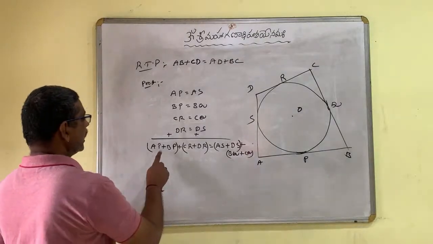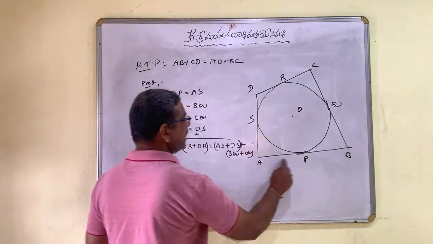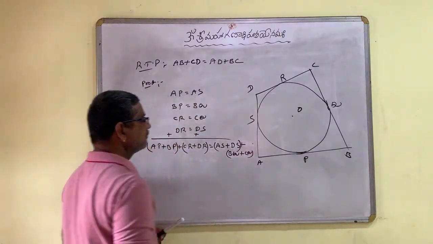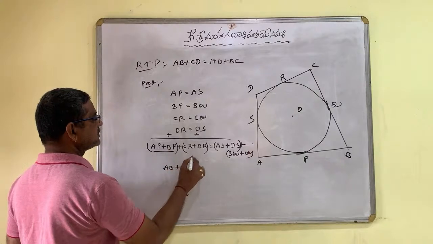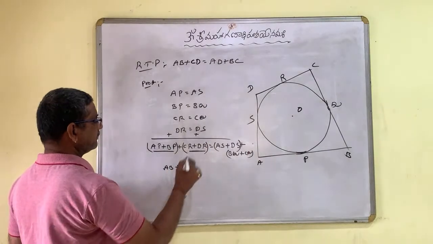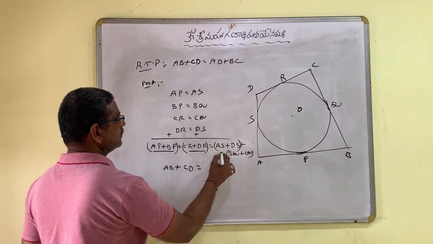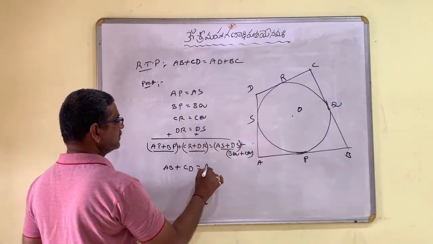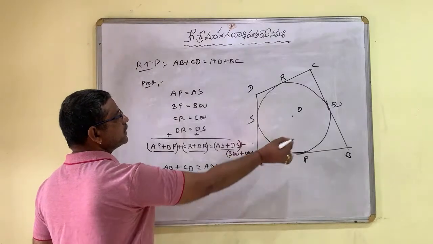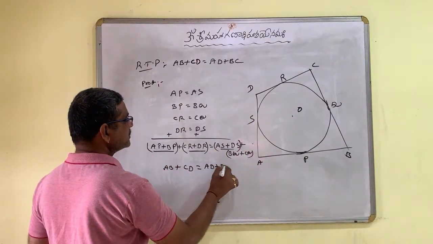Now, observe, what is AP plus BP? AP plus BP is AB. CR plus DR is CD. AS plus DS is AD. BQ plus CQ is BC.